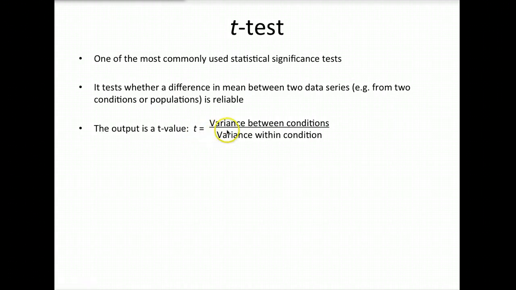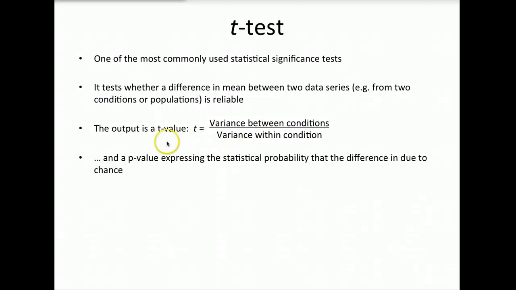That means that the variance between conditions was almost 3 times bigger than the variance within condition, and that is something that can tell us that this difference is likely to be reliable. But a t-test gives us not only a t-value, it also gives us a p-value. And the p-value expresses the statistical probability that this difference is due to chance.